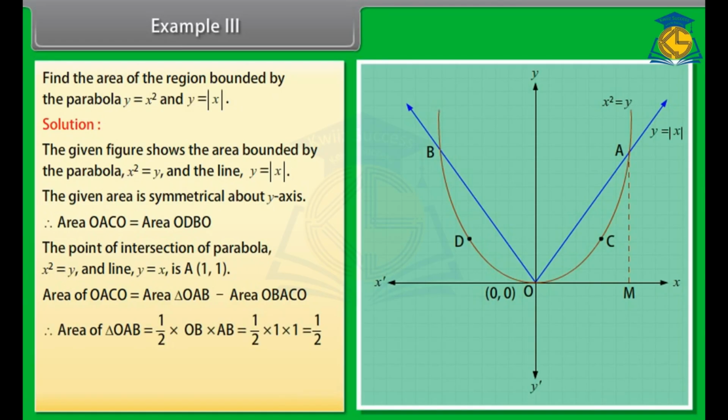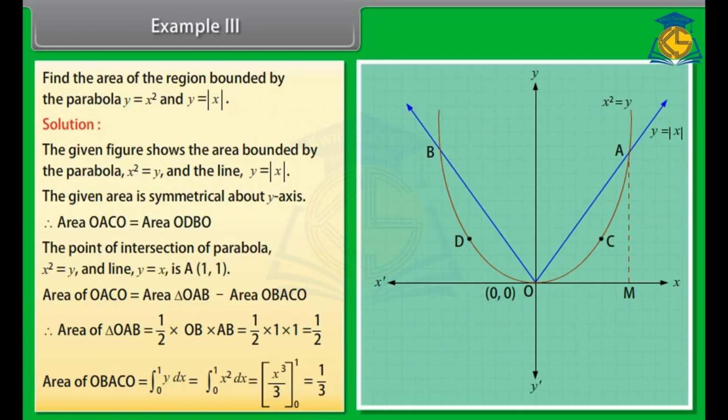Area of OACO is equal to area of triangle OAB minus area OBACO. Therefore, area of triangle OAB equals 1 upon 2 into OB into AB equal to 1 upon 2 into 1 equals 1 upon 2. Area of OBACO is equal to integral from 0 to 1 of y with respect to x is equal to integral from 0 to 1 of x square with respect to x.